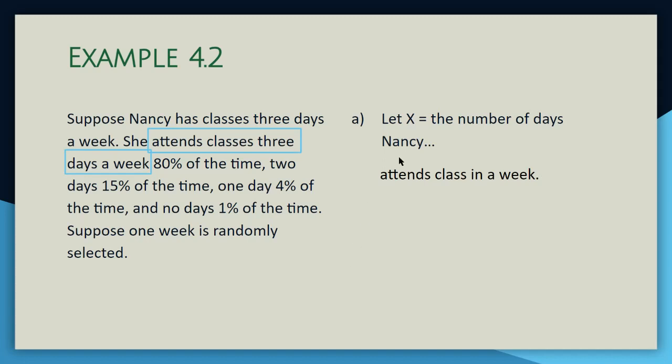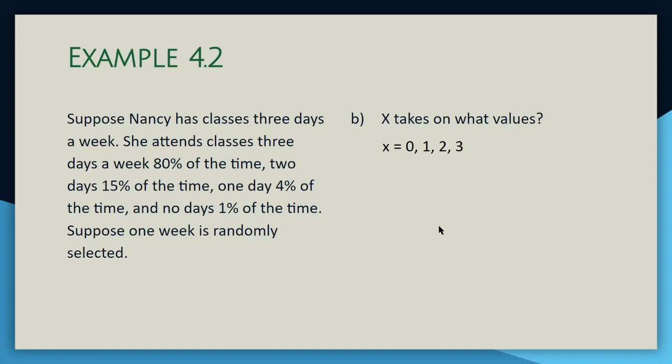Specifically, the number of days she attends classes in a week. B asks us to figure out what values that X takes on. And those are just the values mentioned in that sentence. 3, 2, 1, and 0.